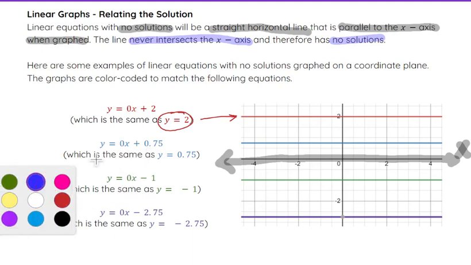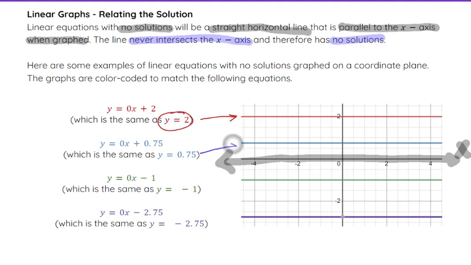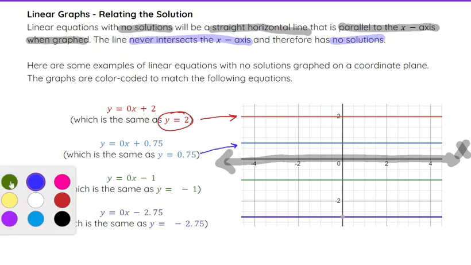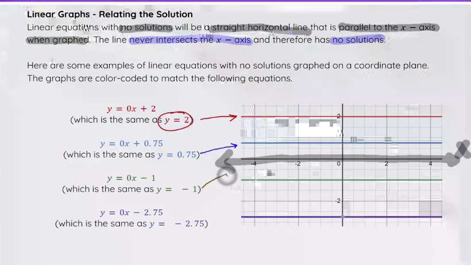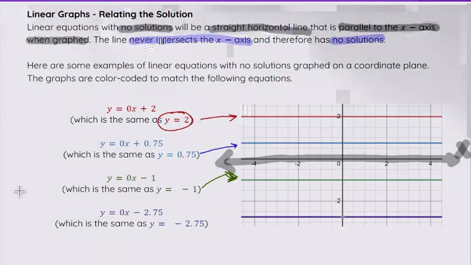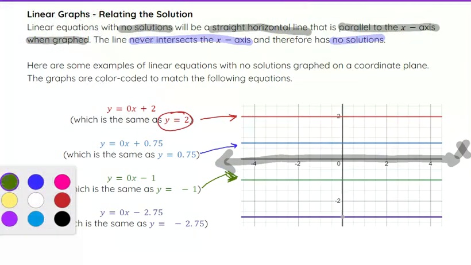Same with the blue. This is just a different example, different numbers, but this y equals 0.75 does not ever cross the x-axis. Same with the green. 0x minus 1 is really just negative 1. So that green line does not cross the x-axis, so it has no solution as the answer.